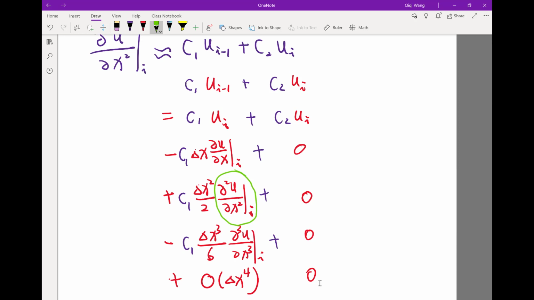And in order for this to cancel out, now that C1 is 0, C2 also has to be 0. So I have a scheme that is 0. And of course, then I cannot get my second order derivative because this is 0. So what can I do? What's wrong with this approach?